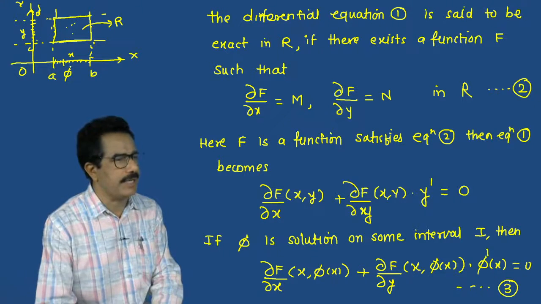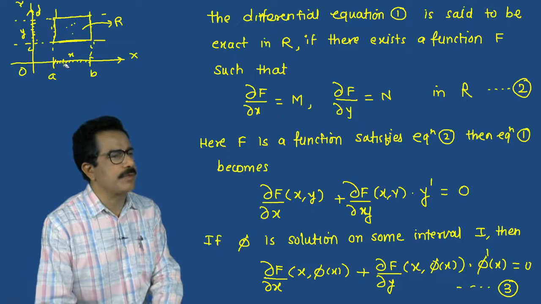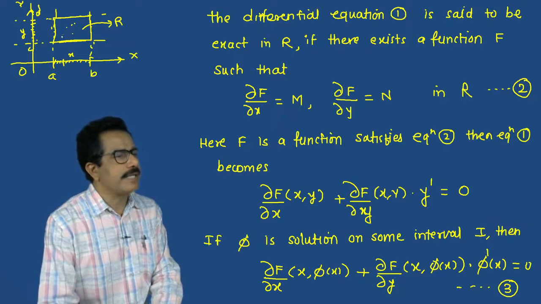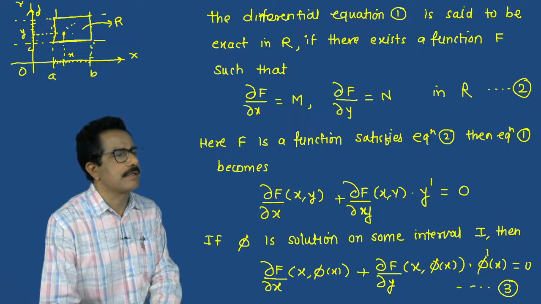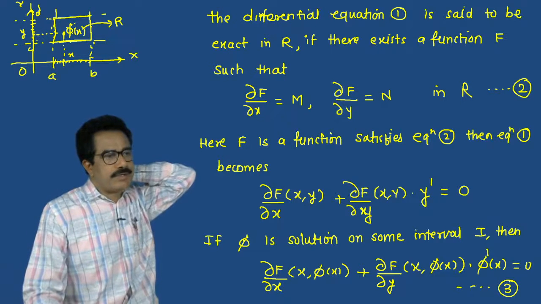Suppose this is x, then there exists a solution which gives phi of x. Phi of x is the solution of the differential equation.